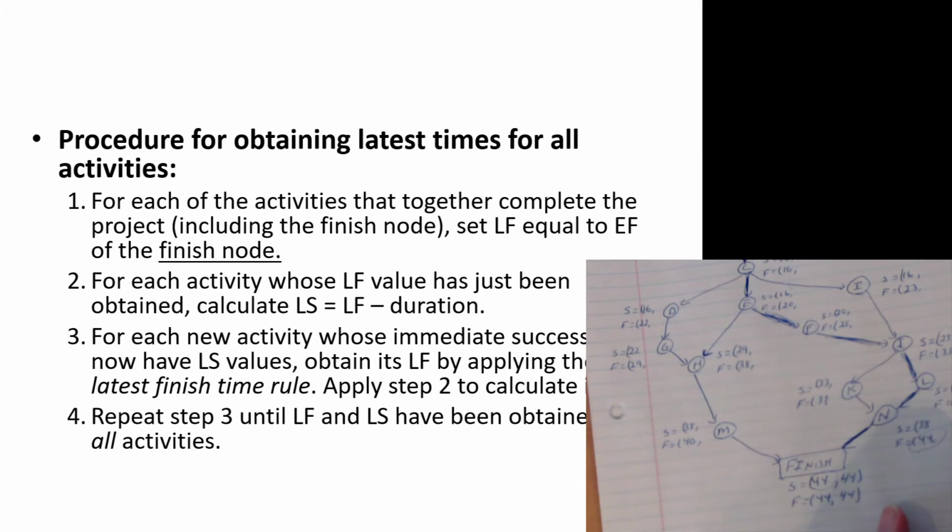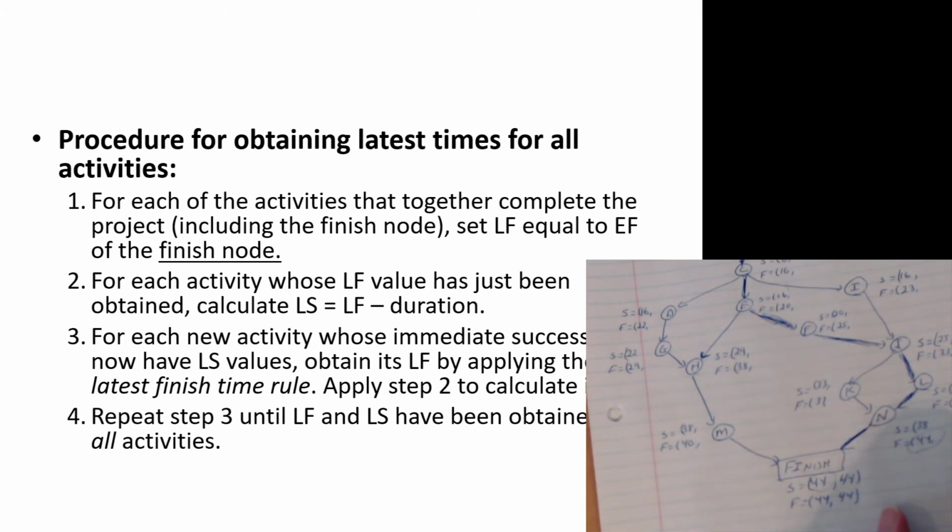Step 2. For each activity whose latest finish time has just been obtained, calculate the latest start time as just taking that latest finish time minus the duration. So we're kind of going backwards from what we did with the earliest start and the earliest finish.